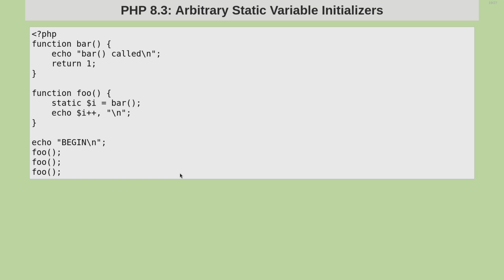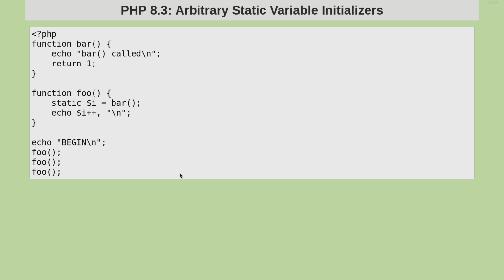Now, I'm sure you have used static at some point on methods, but have any of you ever used static on variables inside a method or function? It's unlikely that many of you have done that. But the way it was implemented was actually kind of weird, because anytime you did static $i = value, if you did this one more time, it would just ignore the first one.